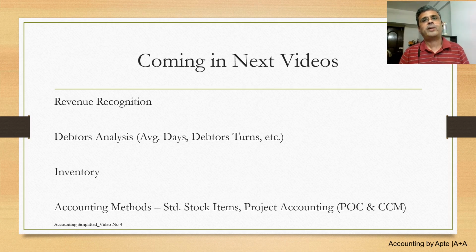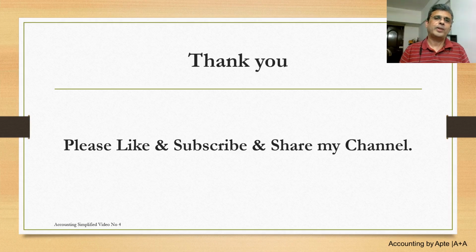If it is a standard item, then the accounting process would be different. If it is a project, then accounting process would be different. For project accounting, popularly it is known as POC, that is percentage of completion, and CCM, that is completed contracts method. So all these things we would see in the subsequent videos. So that was it for the current video.